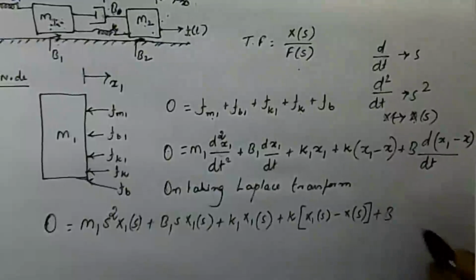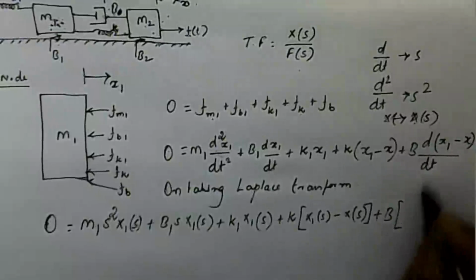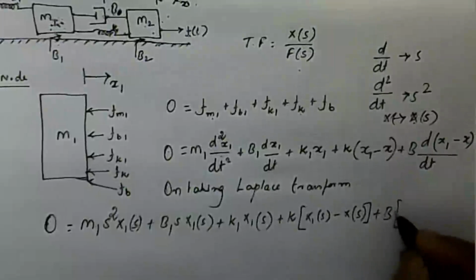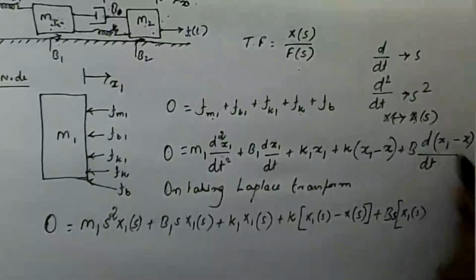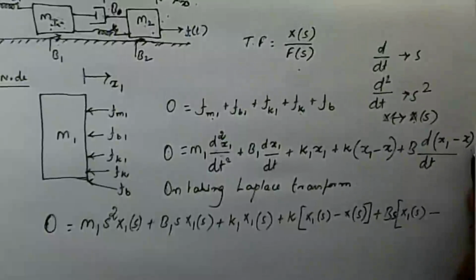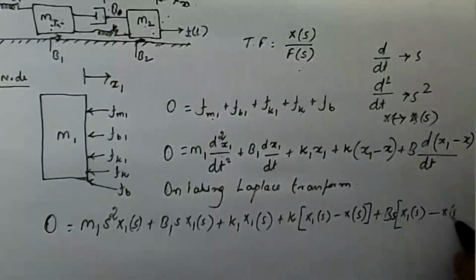plus b into d by dt, the Laplace transform is s, then x1 of s minus x of s.